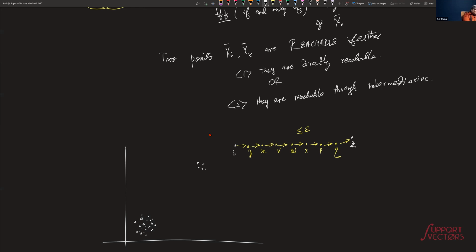Suppose you have cows. So what you do is randomly pick a point, and check if it is an interior point. It is an interior point. So you randomly pick a point. What can happen?